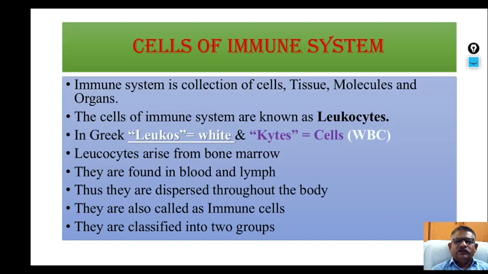Here we will be discussing the structure and functions of different leukocytes. These leukocytes are also referred to as WBC or white blood cells or corpuscles because in Greek leukos means white and cytes means cells, so they are referred to as white blood cells.